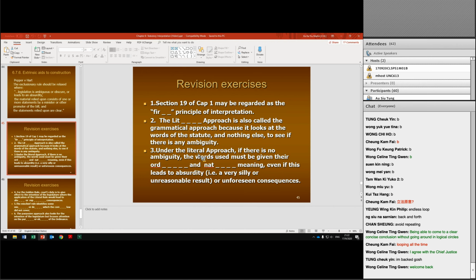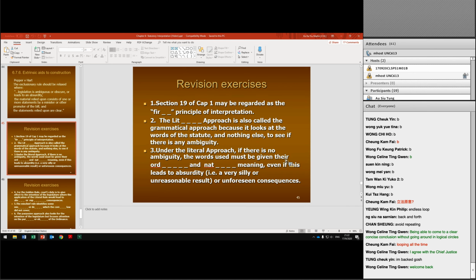You have to consider so many things. But for the literal approach, you just look at the wording of the section, for example, Section 25, Subsection 3. So it's something quite easy, and you can save a lot of time and energy. It's the reason why in the past the court usually used the literal approach, especially if there's no ambiguity.